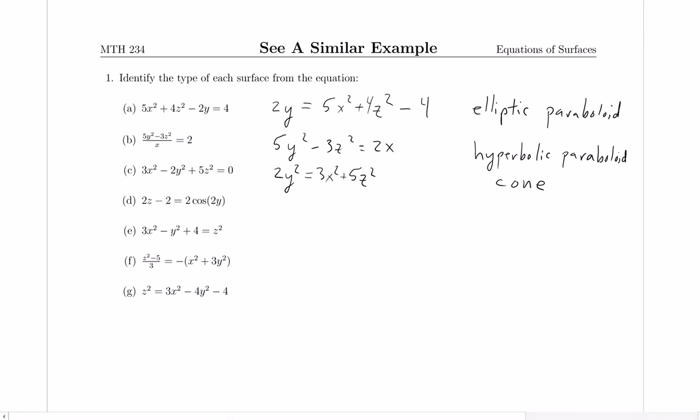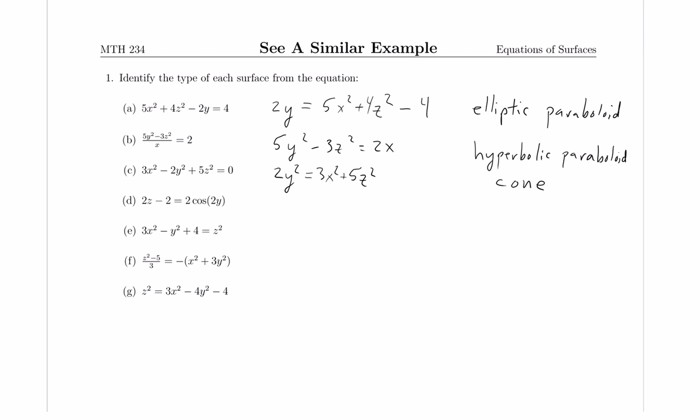Okay, on to part D. Part D looks a little weird because of this cosine. We have this trig function in there. But we actually don't care what shape this is or what it really looks like. The only thing that should jump out at you is that there's only two variables in the equation. There's no x.